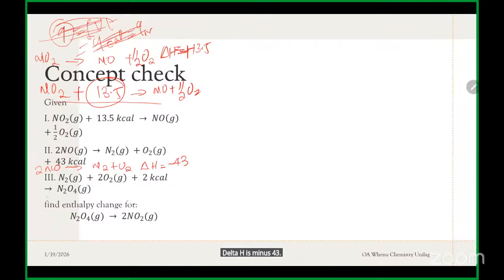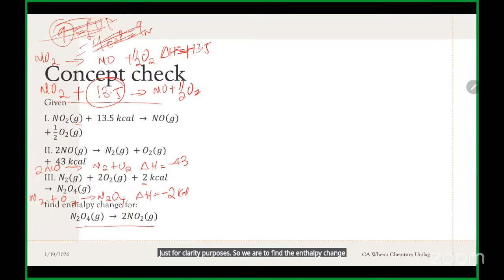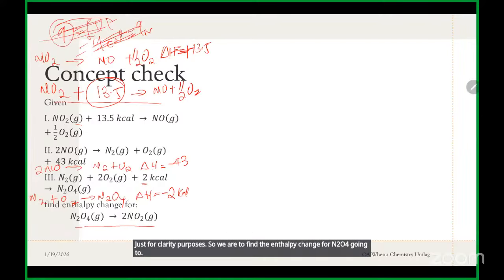And for the third one, N2 plus O2 going to N2O4, delta H is minus 2 kcal per mole. Again, I am not writing the state of matter and units just for clarity purposes. So we are to find the enthalpy change for N2O4 going to 2NO2.